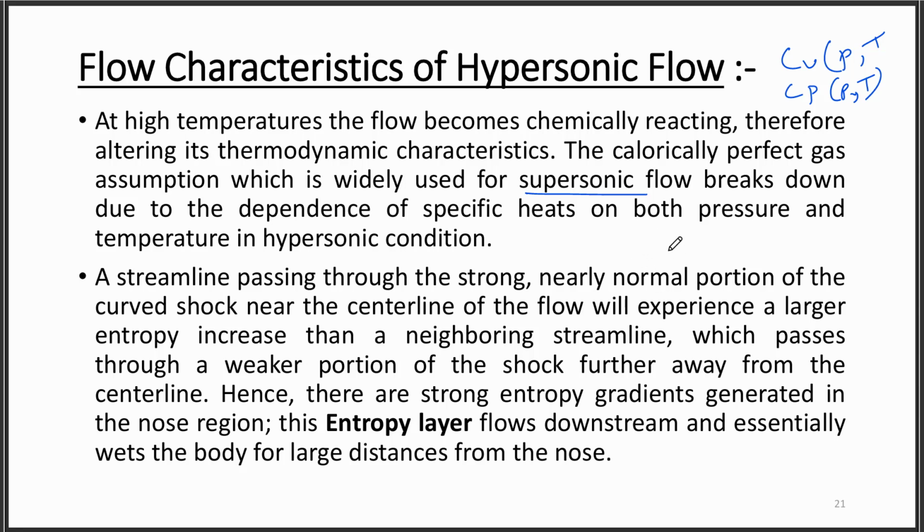And the last point: let's say there is one body and there is a shock. If there is one streamline which is passing through the normal portion of the curved shock, there will be a larger increase in entropy. But if it is passing through the weaker section of the shock, away from it, there will be a smaller increase in entropy.